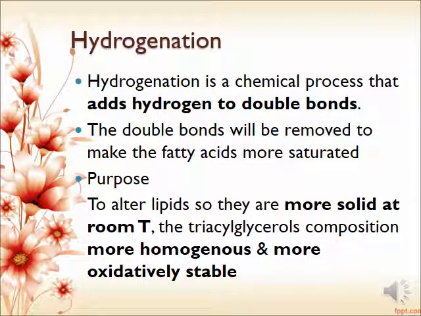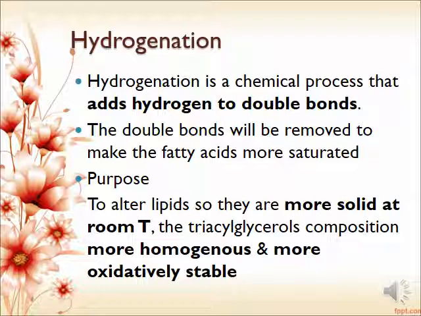Now, what is hydrogenation? Hydrogenation is a chemical process that adds hydrogen to the double bond in the unsaturated fatty acids. So this double bond will be removed so that it becomes saturated. What is the purpose of hydrogenation? It is used to alter lipid so they become solid at room temperature.